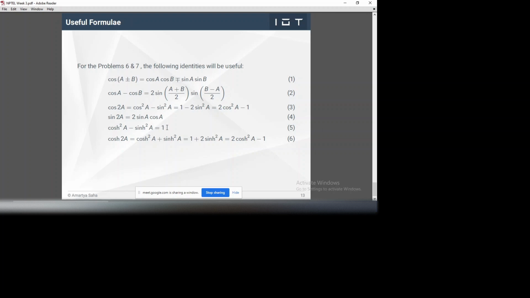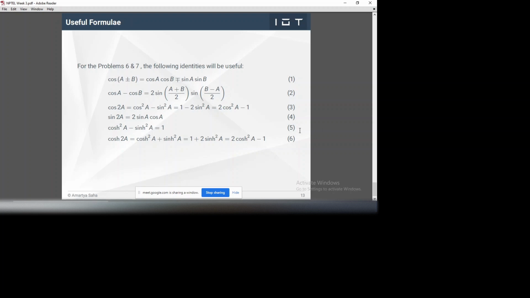This is the hyperbolic function identity, and these are the half angle formulas. Cosh 2a is cosh square a plus sinh square a, and then use formula 5, and you will easily derive these two identities also.